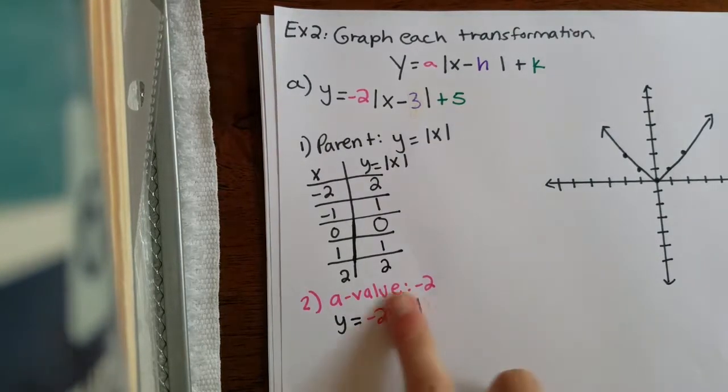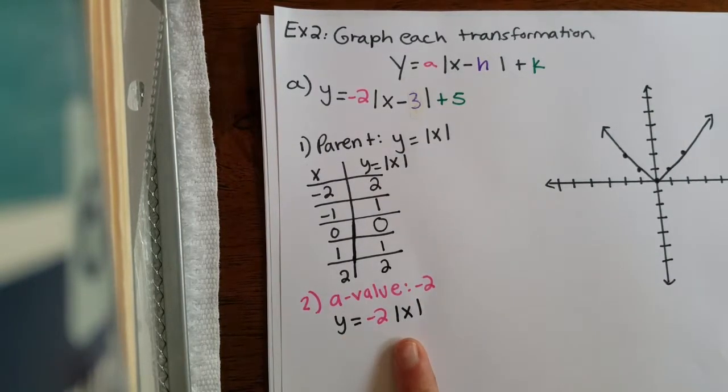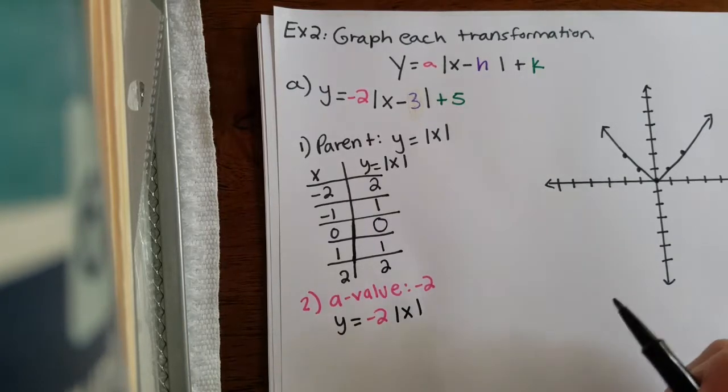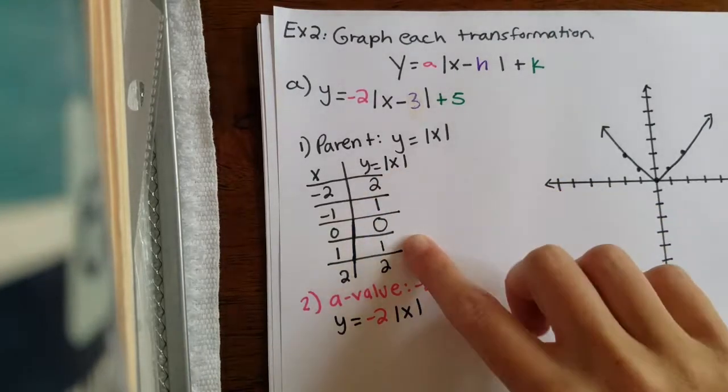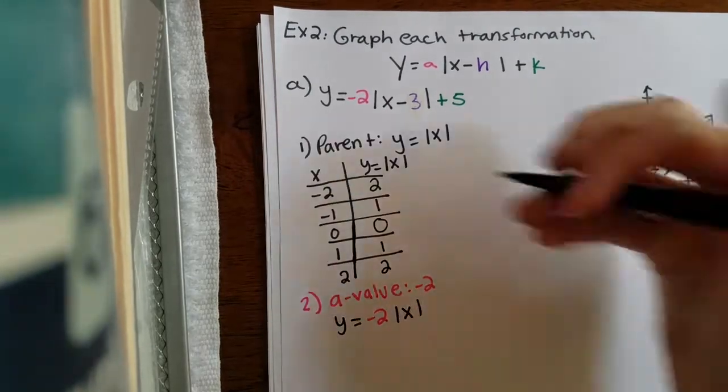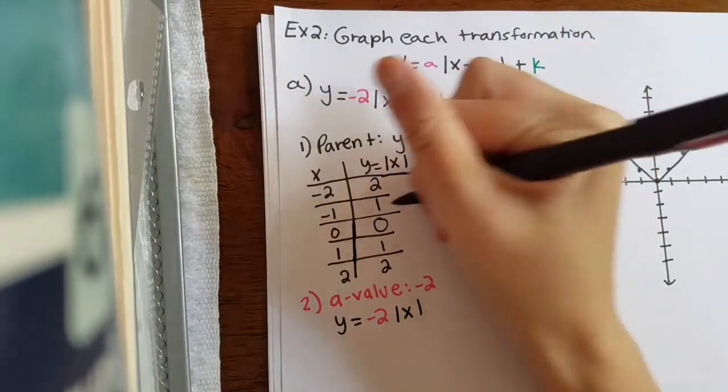So now we're going to be dealing with these values. We're going to make a new table to determine what our new y values will be. Basically I'm just going to extend on this graph for the A value.